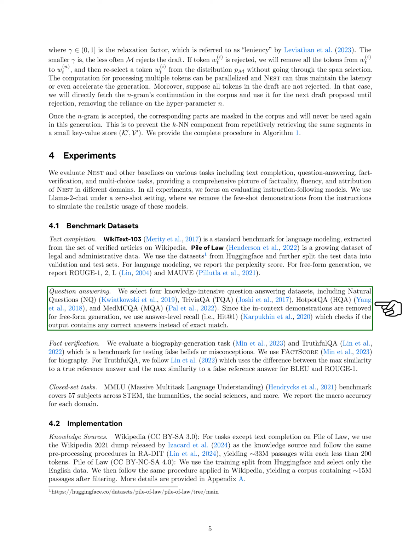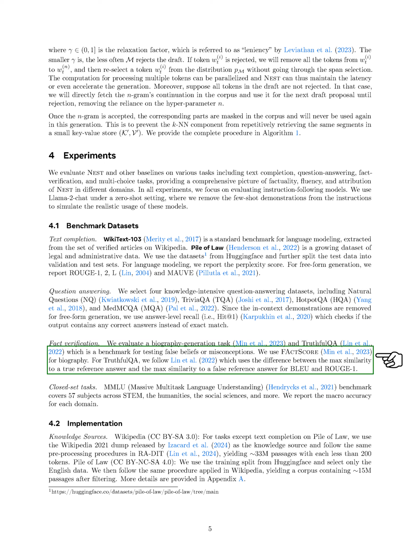Since we remove in-context demonstrations for free-form generation, we use answer-level recall, hit at 1, to check if the output contains any correct answers rather than exact matches. For fact verification, we evaluate tasks like biography generation and TruthfulQA, a benchmark for detecting false beliefs. We use FActScore for biographies and a method that compares the similarity of model outputs to true and false reference answers for BLEU and Rouge 1 in TruthfulQA.